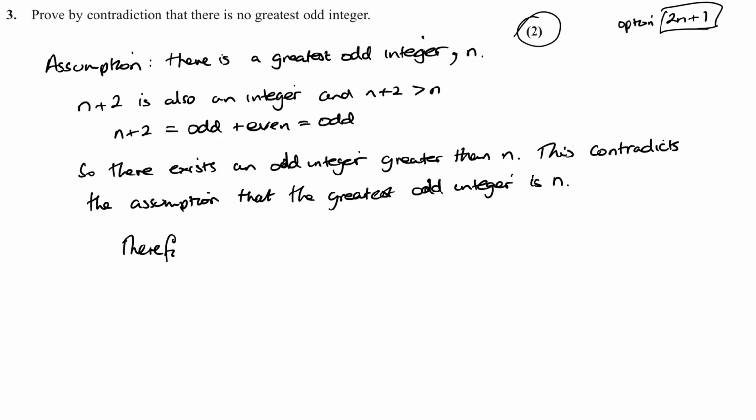Therefore, there is no greatest odd integer. Job done.